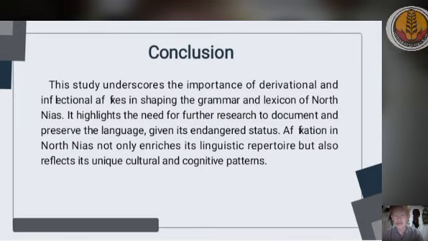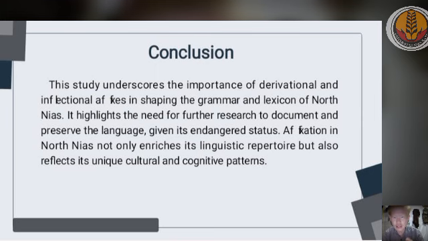Next, conclusion. As a conclusion for the research, the study underscores the importance of derivational and inflectional affixes in shaping the grammar and lexicon of North Nias language at the Maro village.